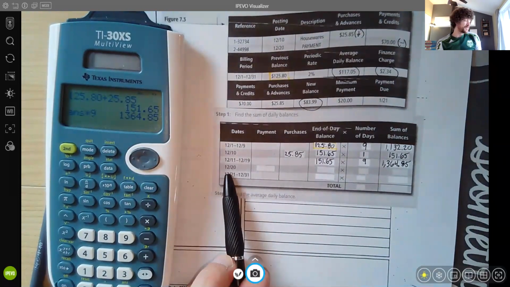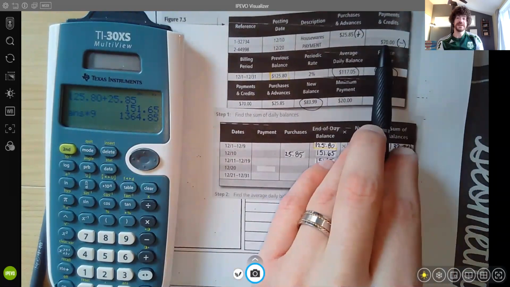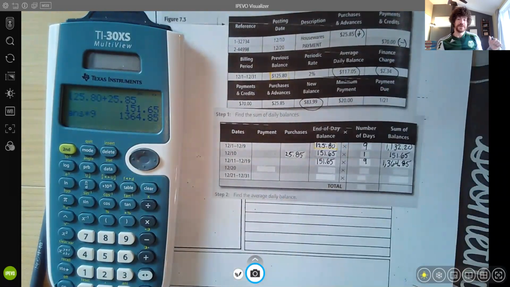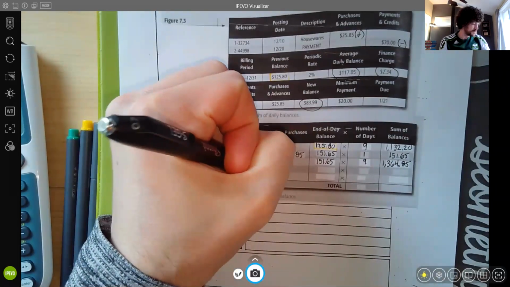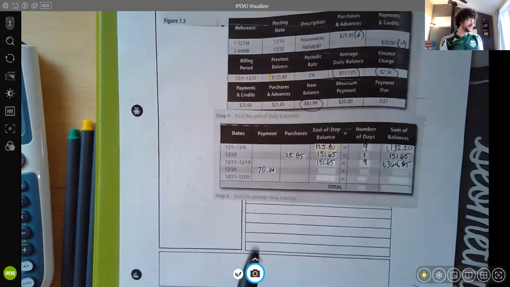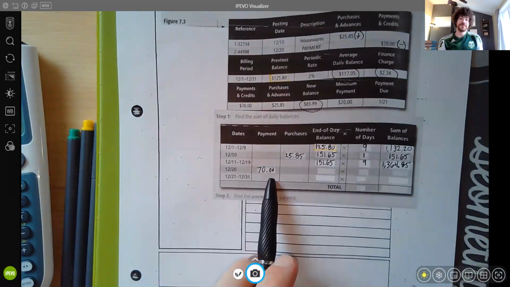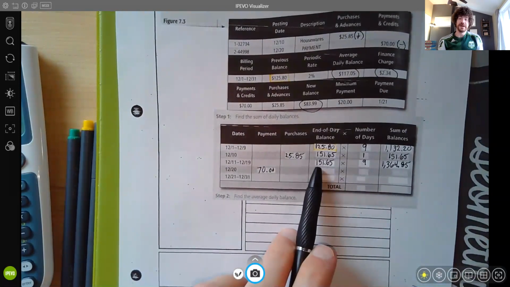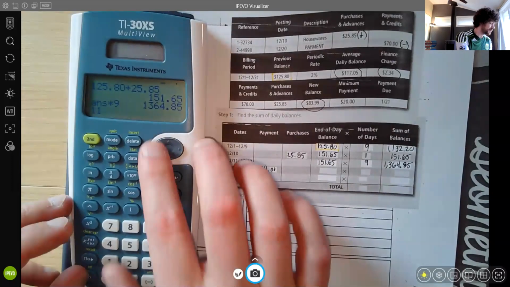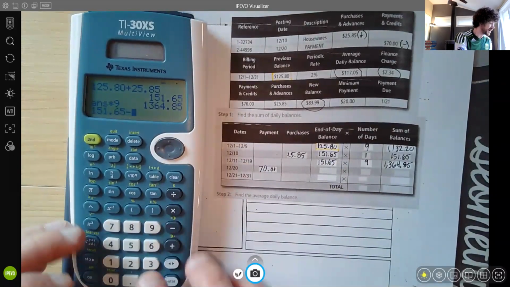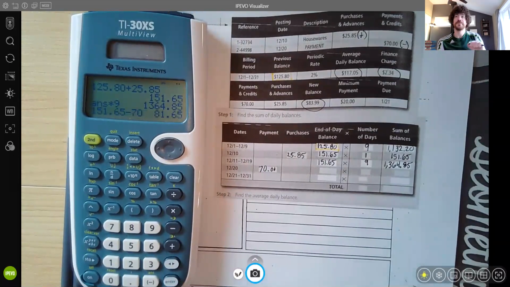Now on the 20th, a payment was made of $70. That will decrease the end of the day balance by $70. So we take our 151.65 and subtract 70.